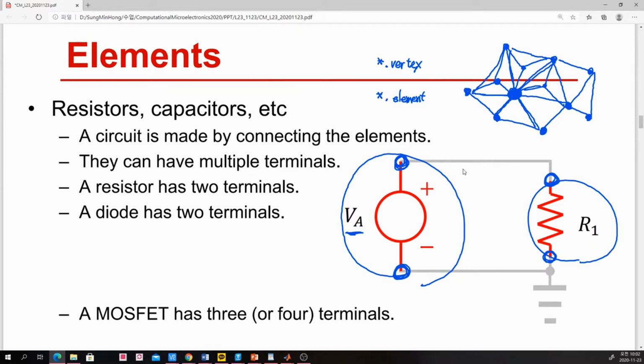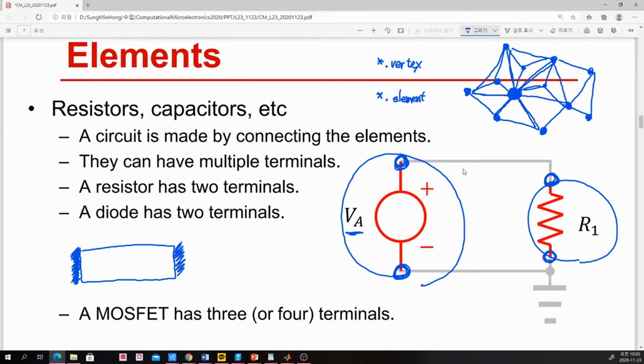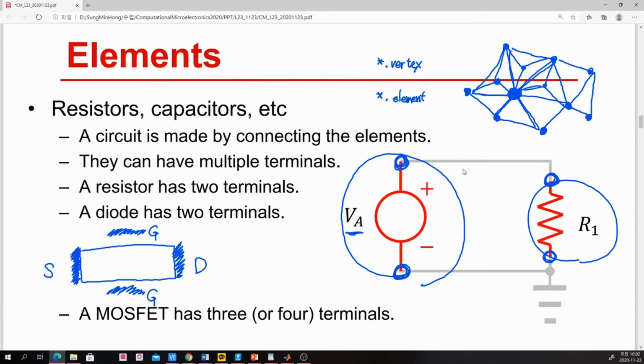Then is every element 2-terminal? Of course not. For example, you have solved a MOSFET for your homework number 17. Here you have source, drain, and gate. This is your source, this is your drain, and this is your gate. It simply means that many circuit elements have 2 terminals, but some can have 3 terminals, or 4 terminals, 5 terminals.